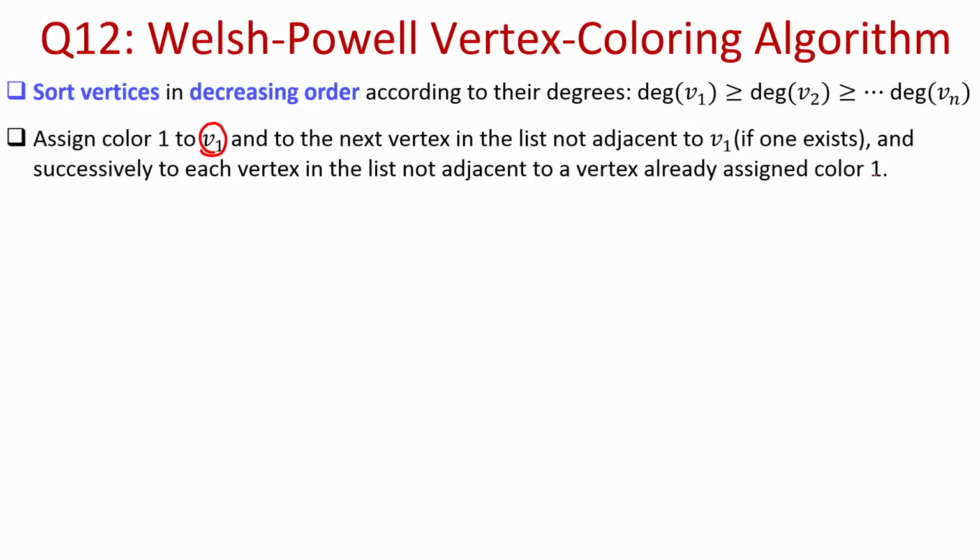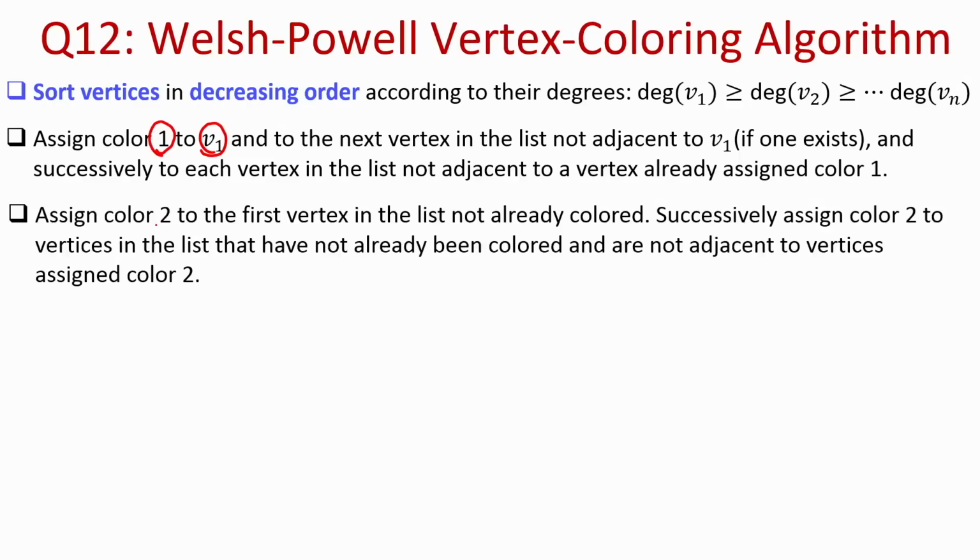That means, you are following a greedy strategy and trying to color as many vertices with that color, and now do the same process with the next color and so on.